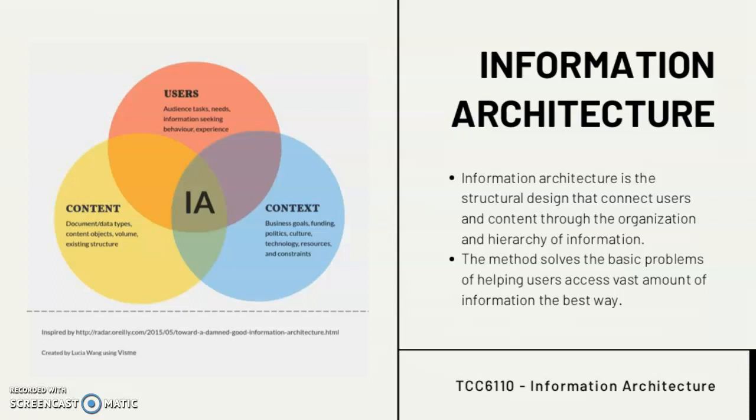Folksonomy is one of the biggest aspects of information architecture, which is the structural design that connects users and content through the organization and hierarchy of information. The method solves the basic problem of helping users access vast amounts of information in the best way.